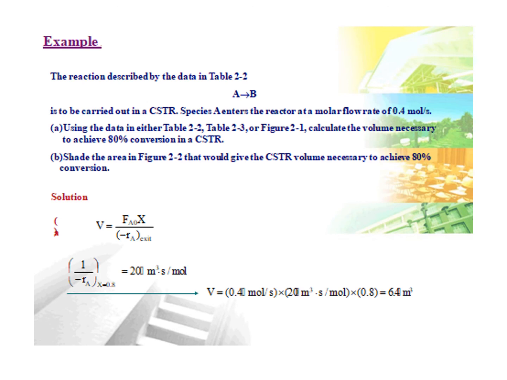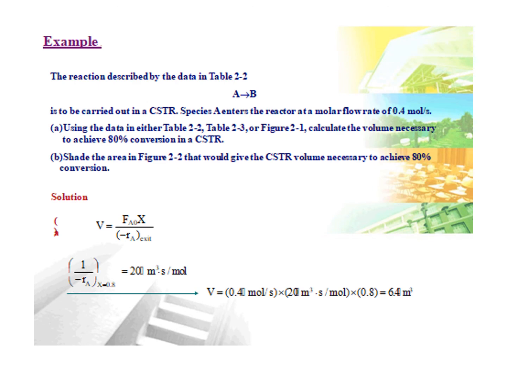Next, this is another example reaction, derived from the data in the table, with the help of the given previous example table data. A is converted into B using table data 2.2 or 2.3.